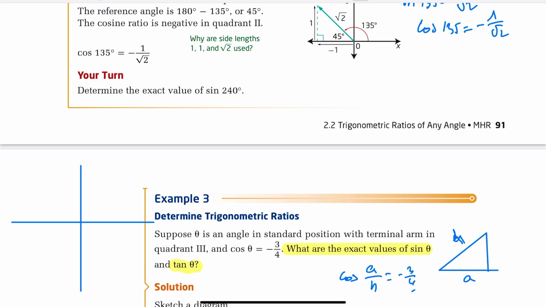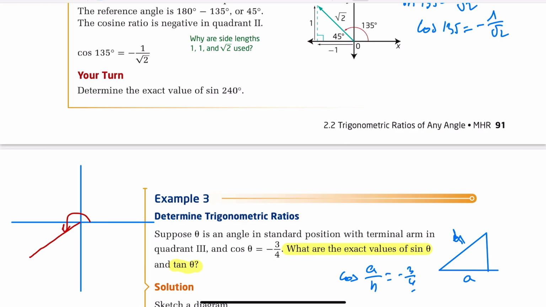So I know my A will be minus 3 or 3, and my H will be 4 or minus 4. So how will I know that? From here, because they are telling me that my terminal angle is in this quadrant. So I know my angle is like this.